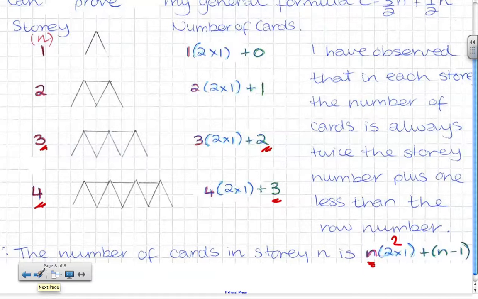Now to get the total though, that's just looking at each level on the story. So then I need to look at the total number of cards I need. I think the last page hasn't scanned, so we'll talk you through it. What we need to do is just add them up. So I had on the top story 1 lot of 2 plus 0.